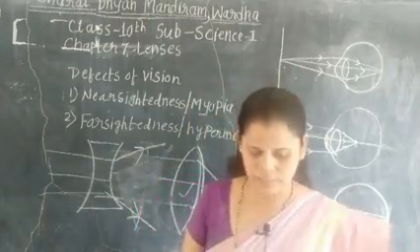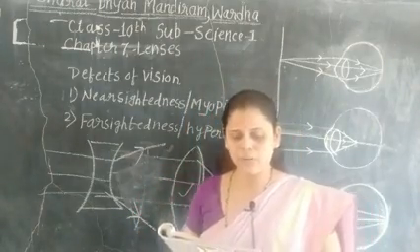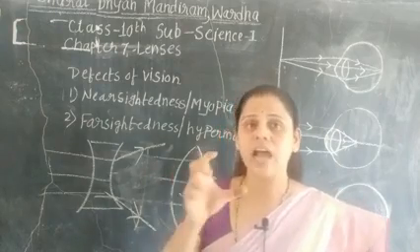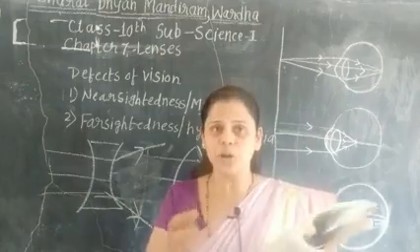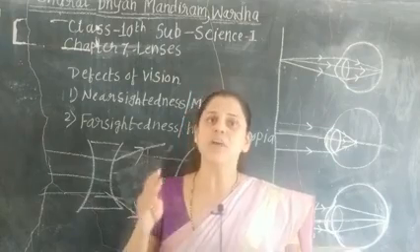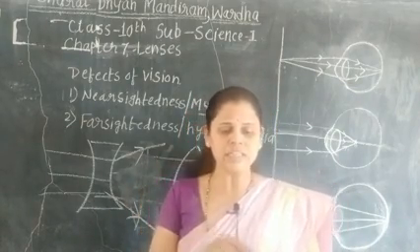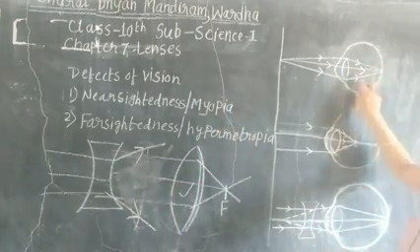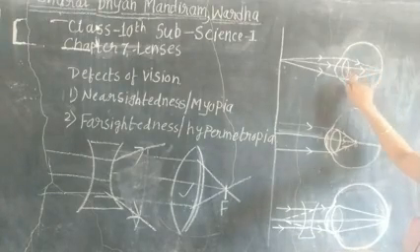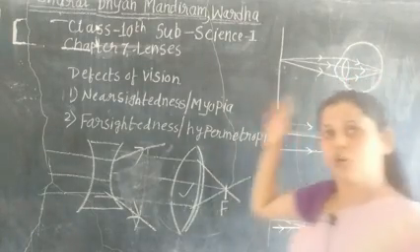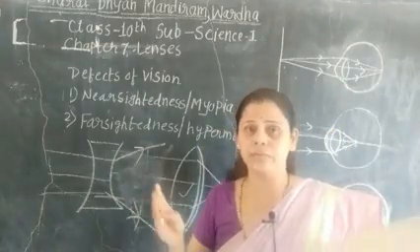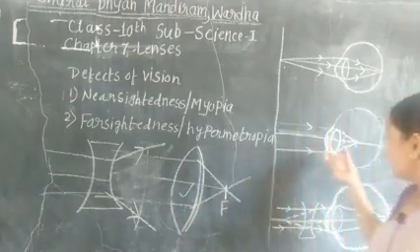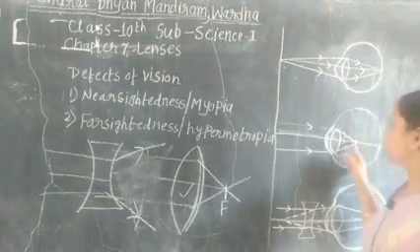The second reason is that the eyeball elongates, so the distance between the lens and retina increases. When the size of the eyeball increases, obviously the distance between the lens and retina increases, so the image is formed in front of the retina.